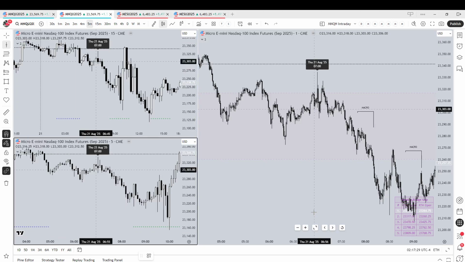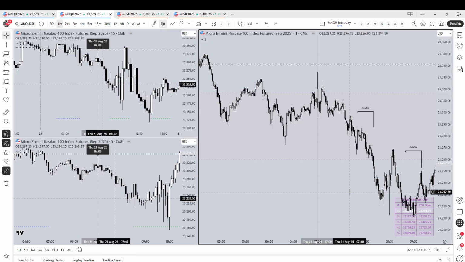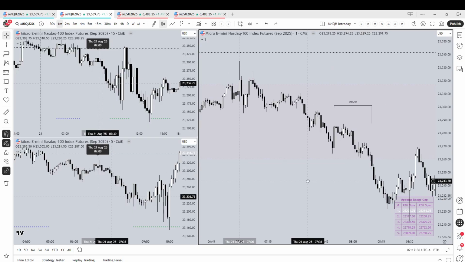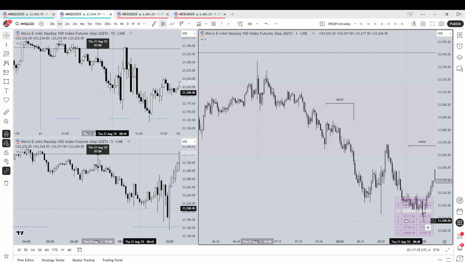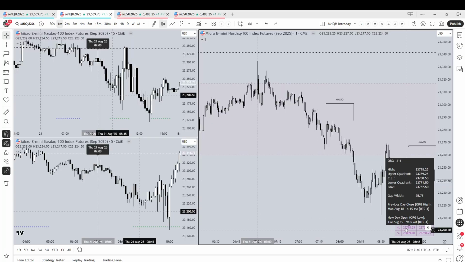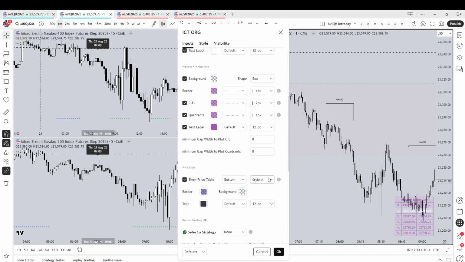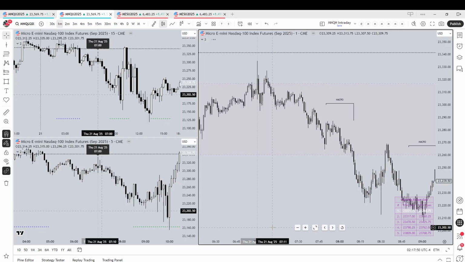So let's go ahead and delineate 7 o'clock, which starts off the pre-session before the 9:30 equities open. We'll put this opening range gap table higher so we can get that out of the way.